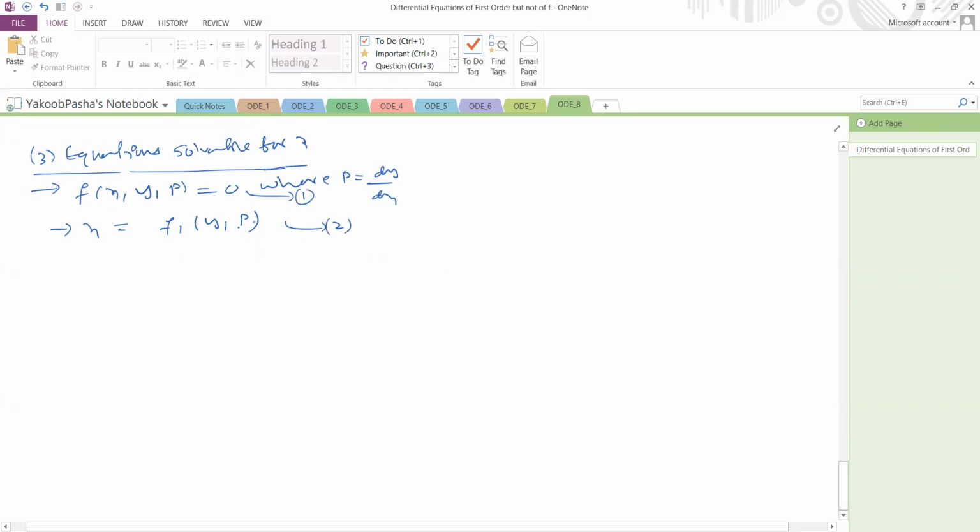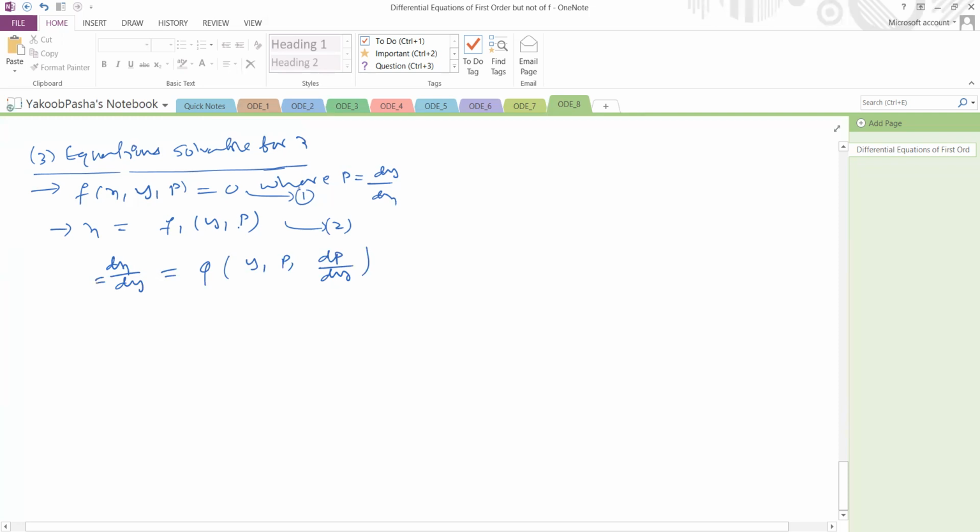Now differentiate this equation with respect to y. So we get dx by dy is equal to some function of y comma p comma dp by dy.